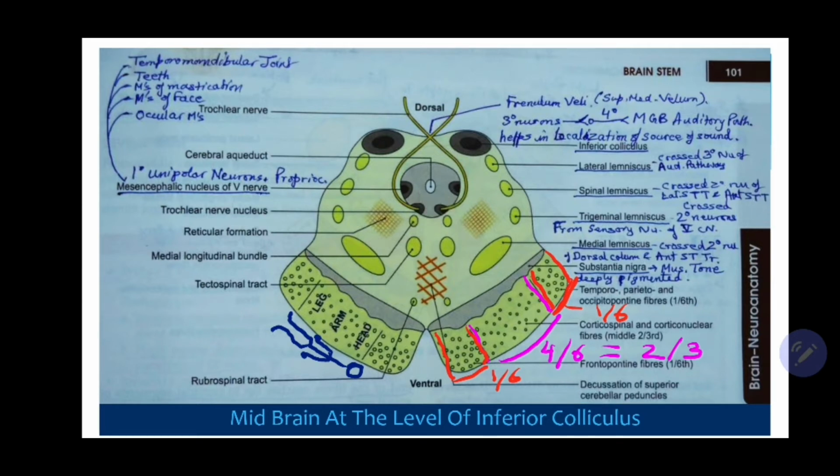And from where does it bring sensations? It is bringing in sensations from all the muscles innervated by cranial nerves. Let's say the five muscles innervated by the oculomotor nerve. Then one muscle, the superior oblique, by the trochlear nerve.